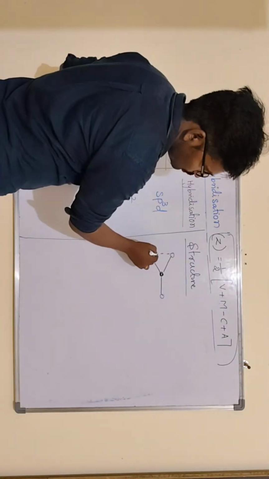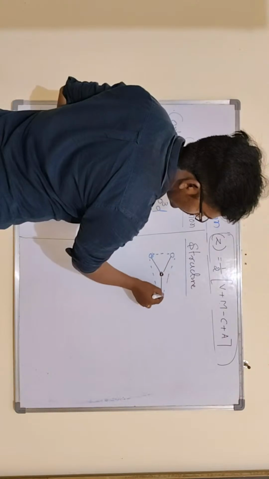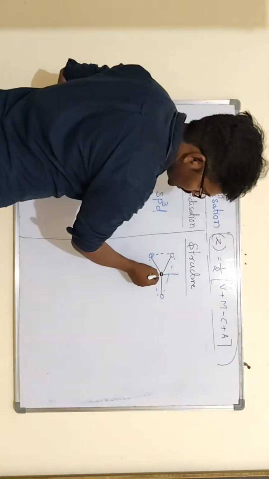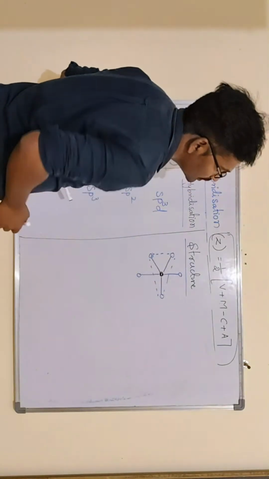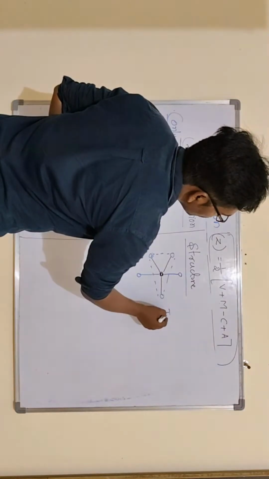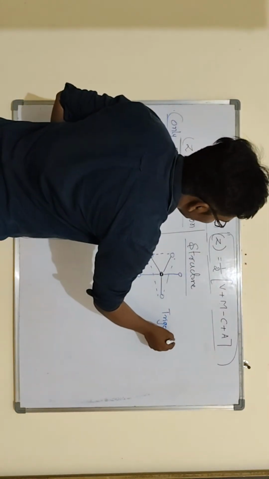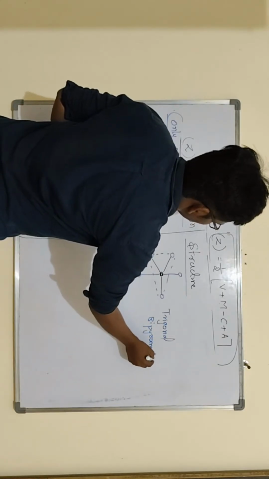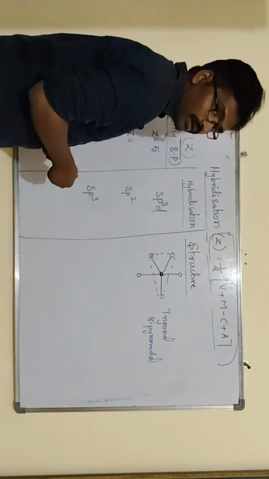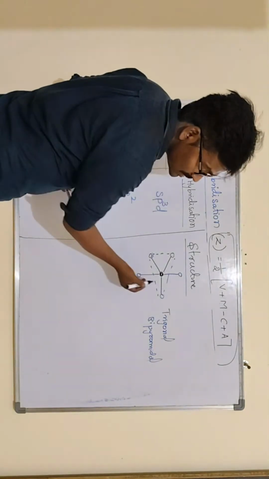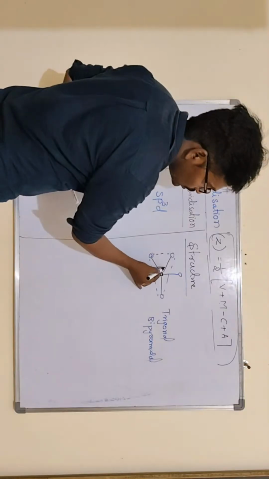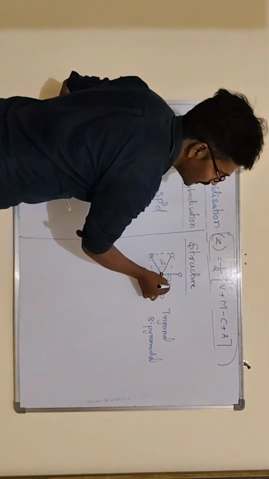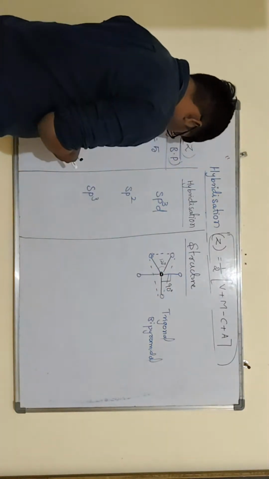Then the remaining 2 bonds are present above the plane and below the plane, like this. This geometry we call trigonal bipyramidal. Sir, bond angles ఏవైతే ఒకే plane లో ఉన్నాయో, that is 120 degrees. Then above the plane and below the plane 90 degrees are present.